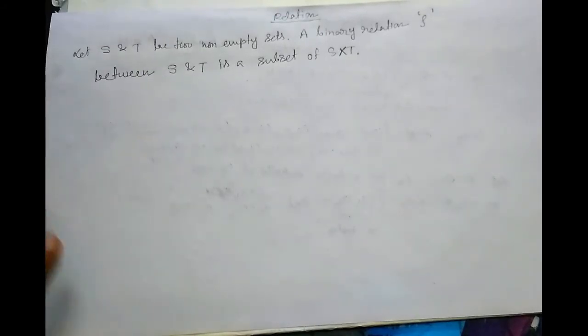Rho is a binary relation between S and T, is nothing but a subset of S cross T.